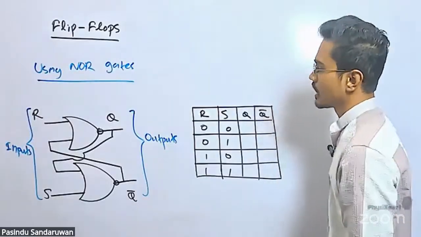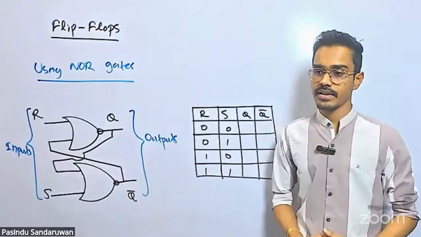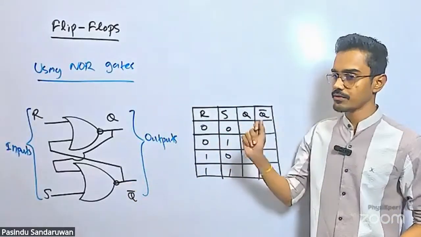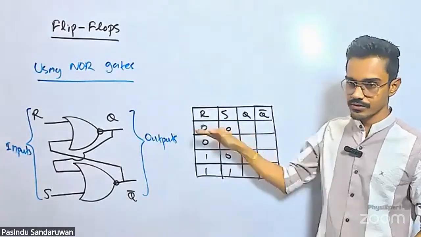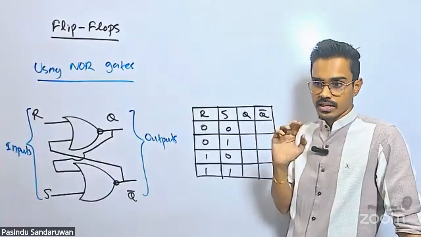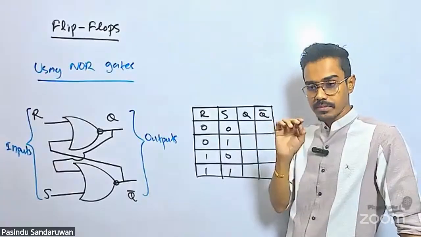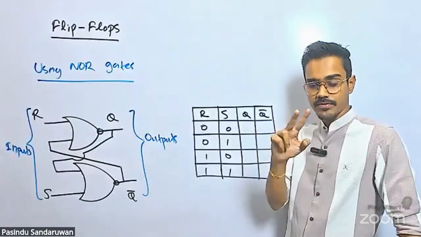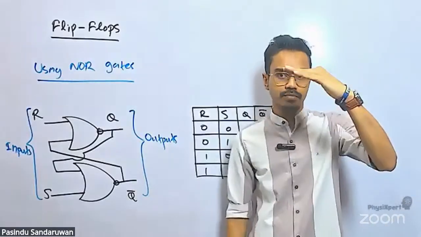Now, you have a small task. Listen very carefully. From the four input combinations, only two rows are simplifiable, even though we have four rows here.